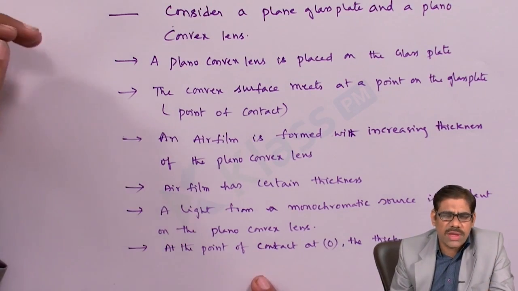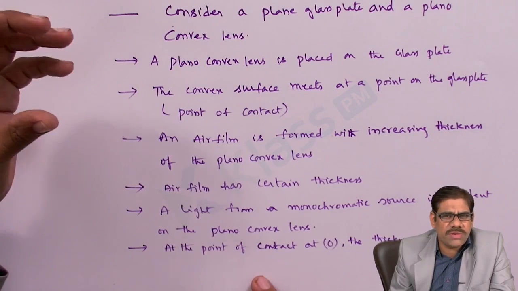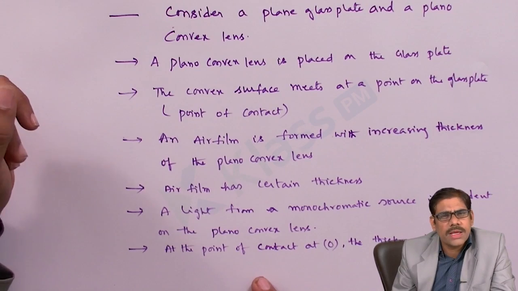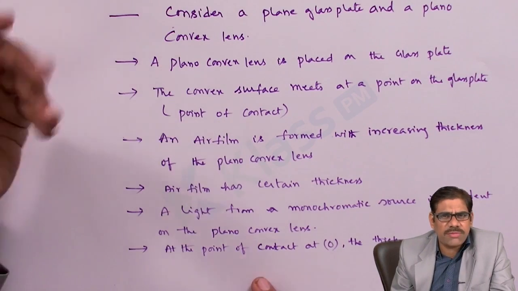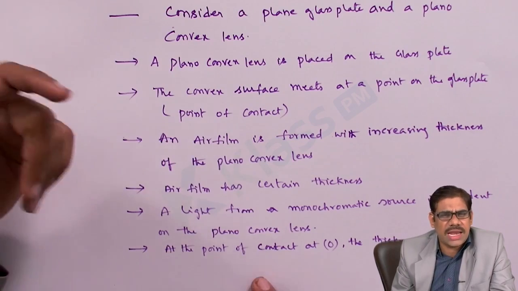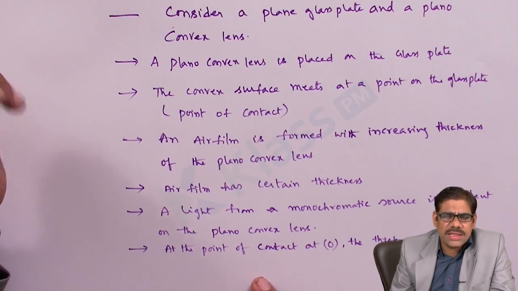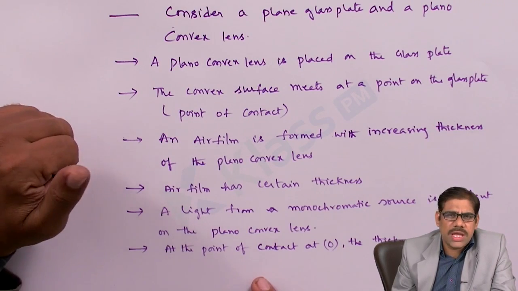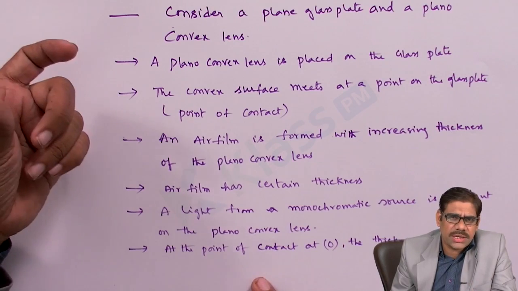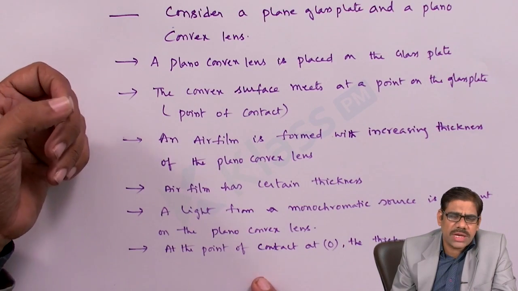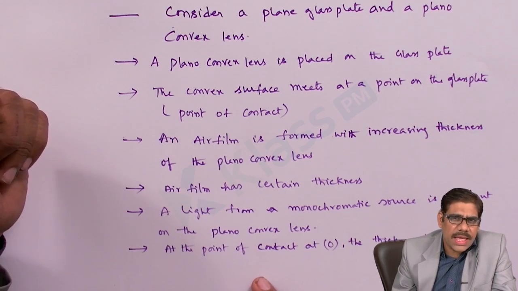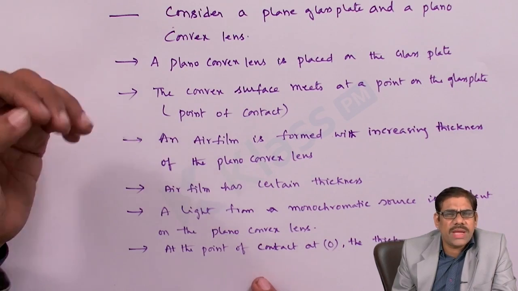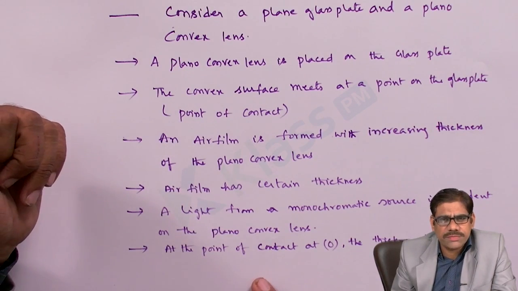First, we consider a non-uniform thin film. Generally, these Newton's rings are best suited for non-uniform thin films. Here we consider a plane glass plate and a plano-convex lens, where the convex surface meets the surface of the plane glass plate. At the point of contact, we assume the thickness is 0, and a ray of light from a monochromatic source is incident on the plano-convex lens.